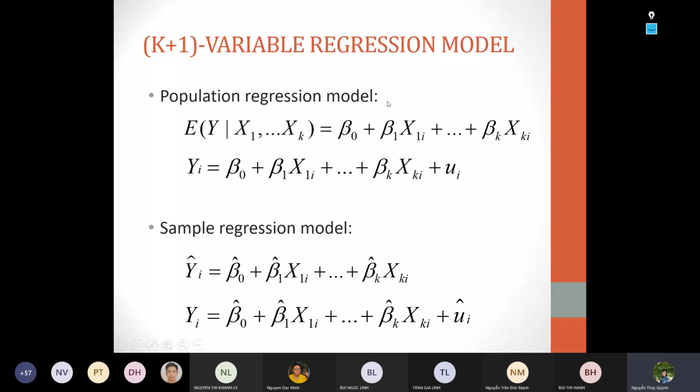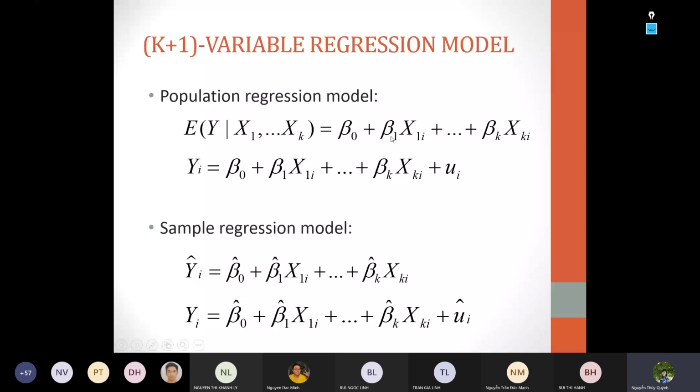We have the conditional expected value of y, conditional on certain values of x1, x2, x3, and so on to xk, equal to beta 0 plus beta 1 times x1i plus beta 2 times x2i and so on plus beta k times xki.